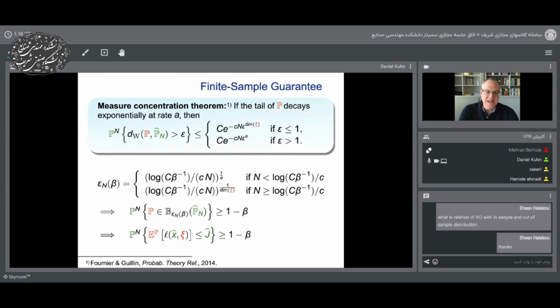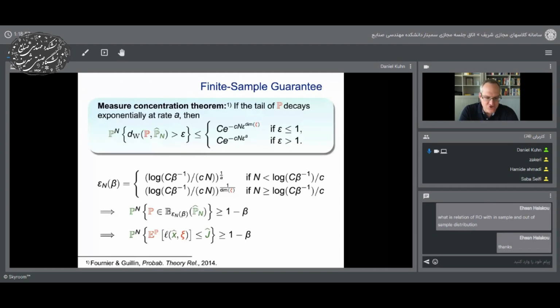Okay? And that means that the out-of-sample performance of our data-driven decision x hat is smaller or equal to the optimal value of our distributionally robust optimization problem, J hat, with the same probability 1 minus beta. The reason for that is that J hat is the maximum of the out-of-sample performance of x hat over all distributions in the ball.